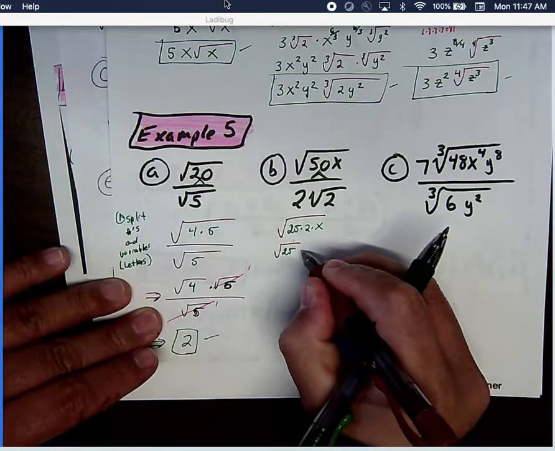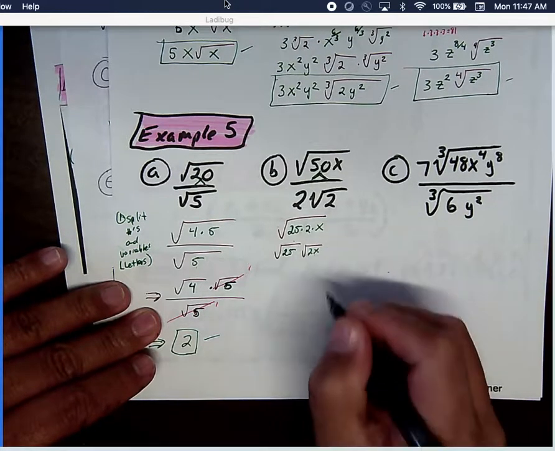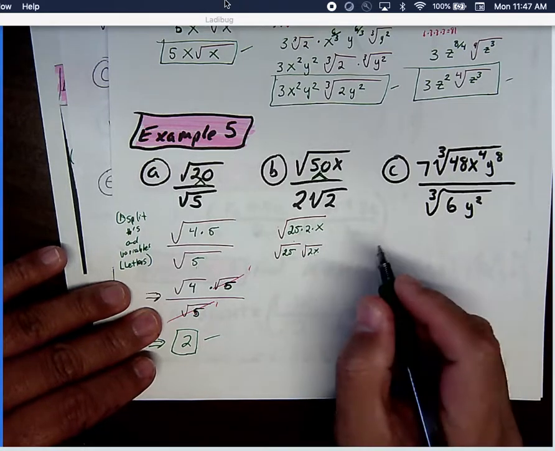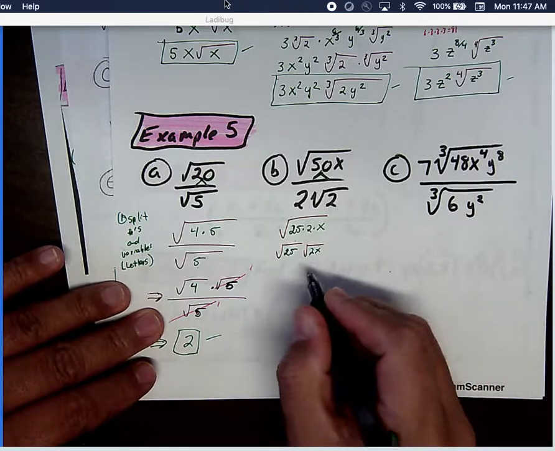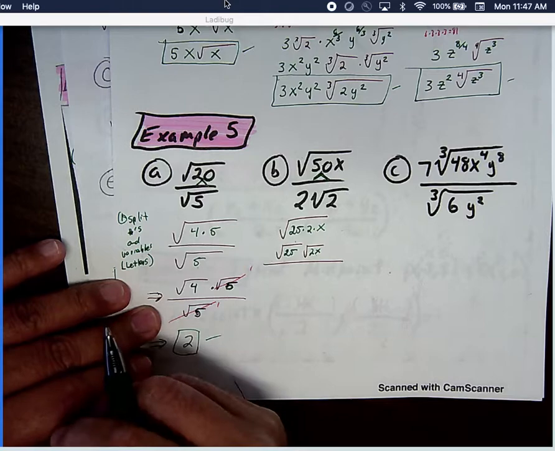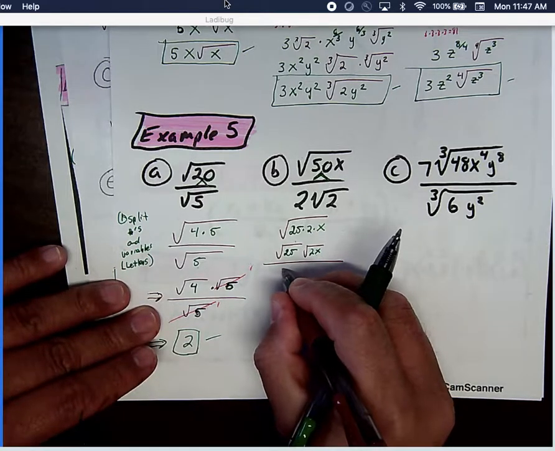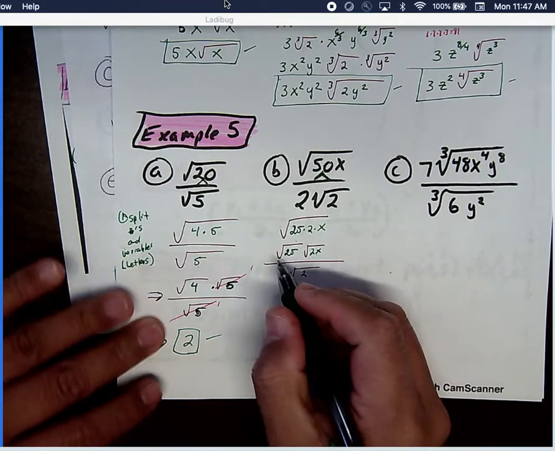Square root of 25, square root of 2x. I'm going to leave 2x inside here because we can't do anything with it. Usually I would separate them, but I'm just going to leave it like that to save time. And then divided by, and that one's going to stay the same, 2 square root of 2. So now let's simplify.